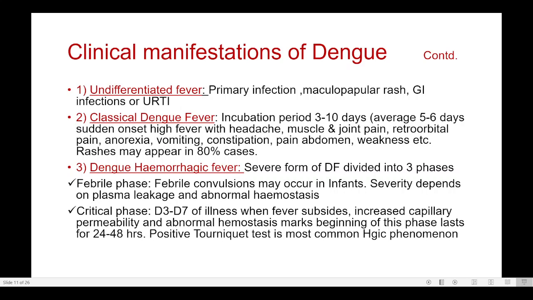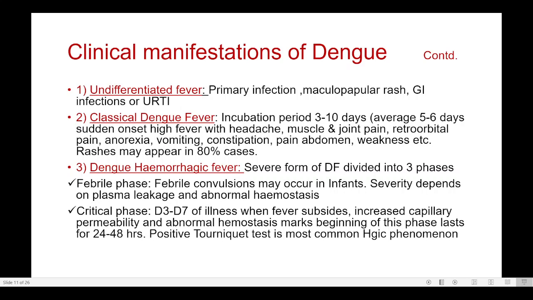Now in dengue hemorrhagic fever, the febrile phase is similar to that of classical dengue fever, and febrile convulsions may occur in infants. The severity of dengue hemorrhagic fever depends on two major things: whether plasma leakage occurs, and associated abnormal hemostasis. The critical phase starts from day 3 to day 7 of the illness, when the fever subsides.